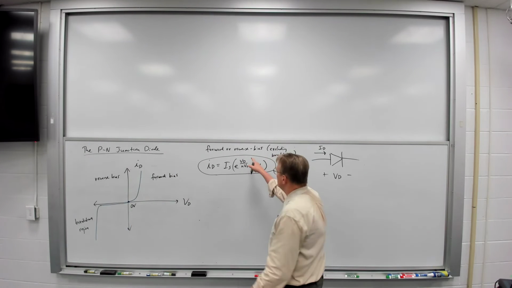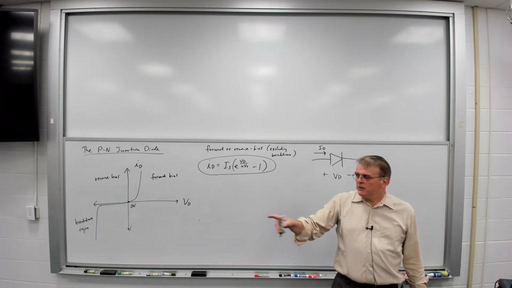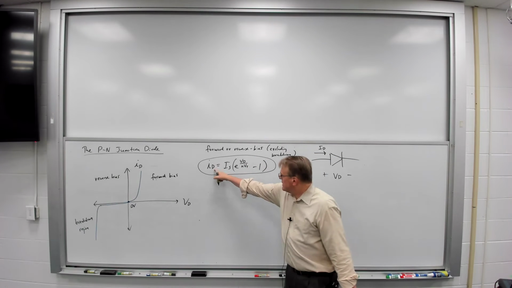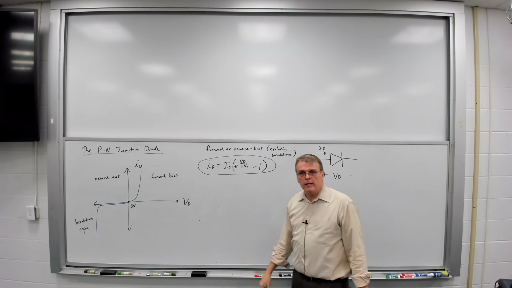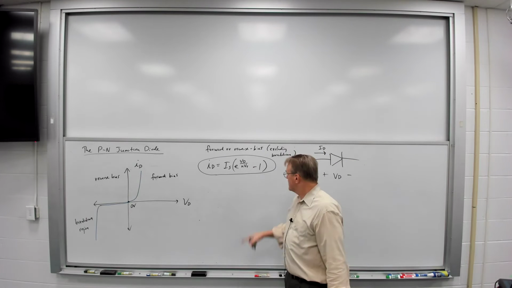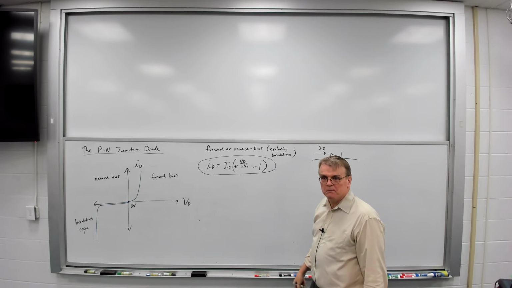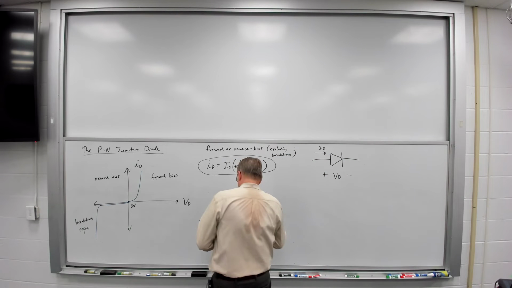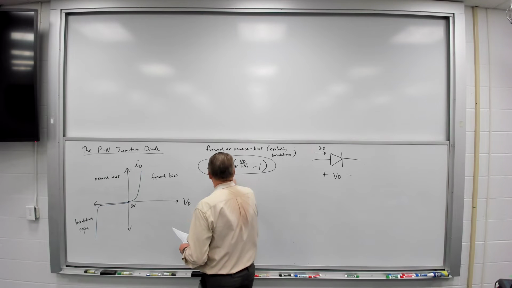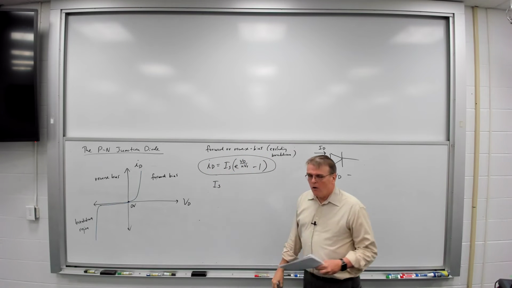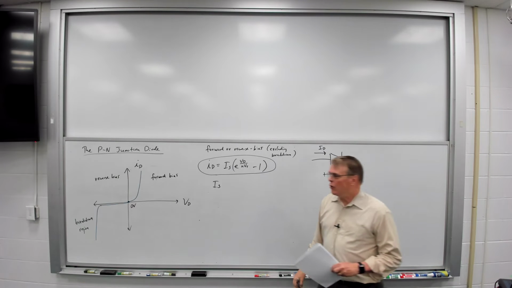All right, let's look at this, and let's see what these terms mean. ID and VD are self-explanatory. They're the voltage and the current for the diode, once again, defined in this direction. Okay? IS, this IS term, is called the saturation or scale current.